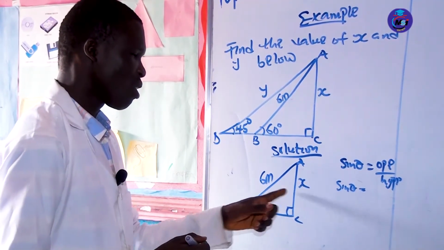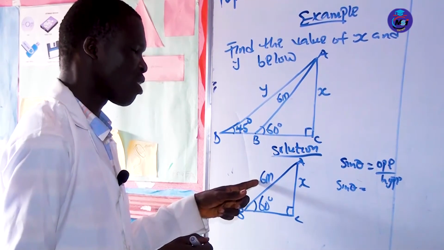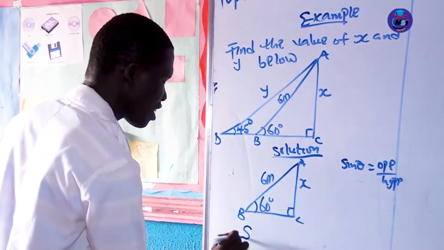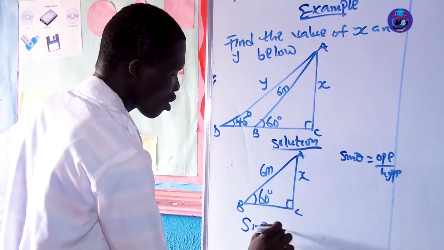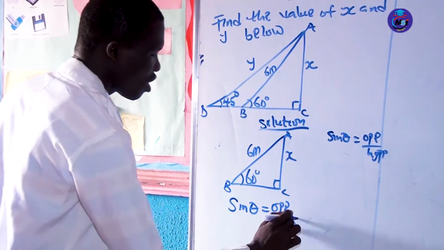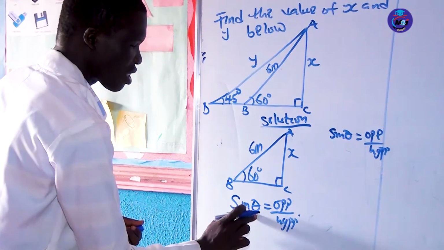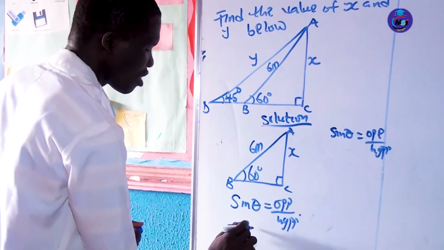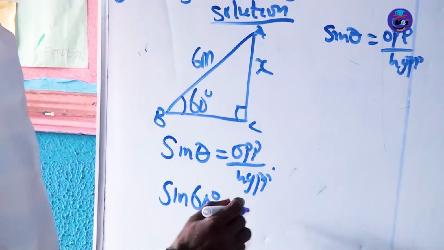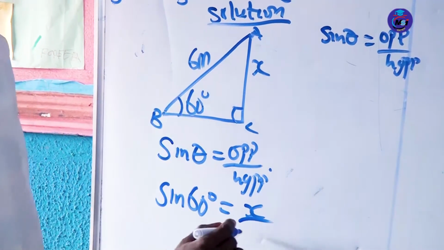That means we have the hypotenuse. We can use it. So we can just say sine theta equals opposite over hypotenuse. You know theta is 60 degrees. Sine 60 degrees equals opposite is x, hypotenuse is 6.